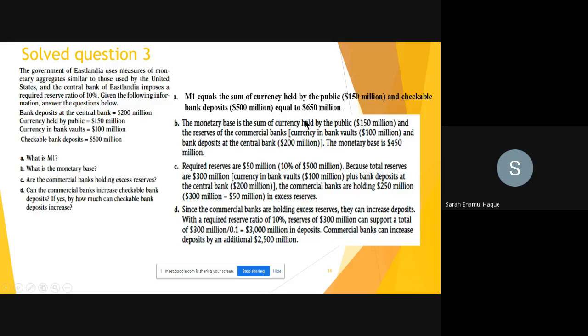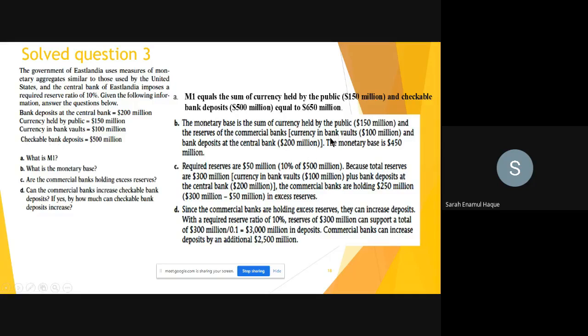Monetary base is the sum of the currency held by the public, 150 million, and the reserves of the commercial banks currently in bank vaults, 100 million, and the bank deposits at the central bank, 200 million.